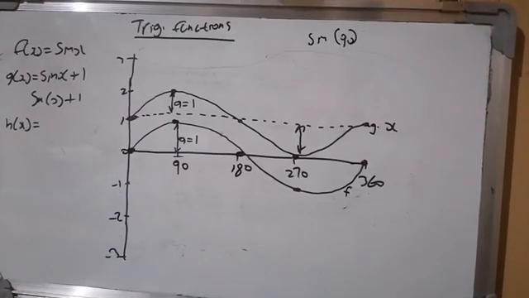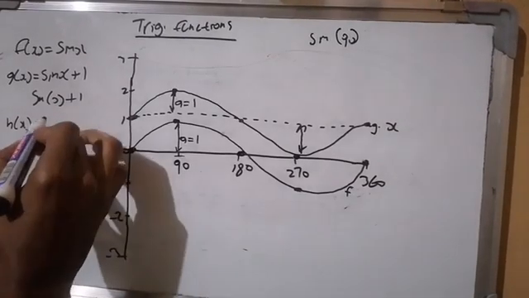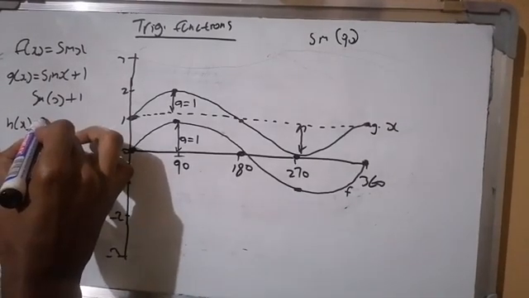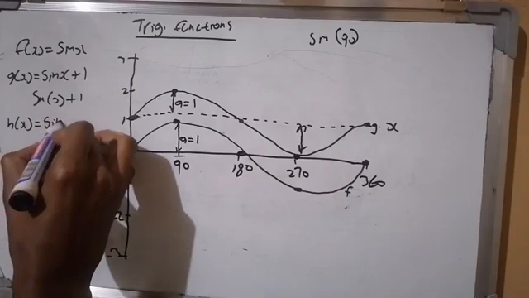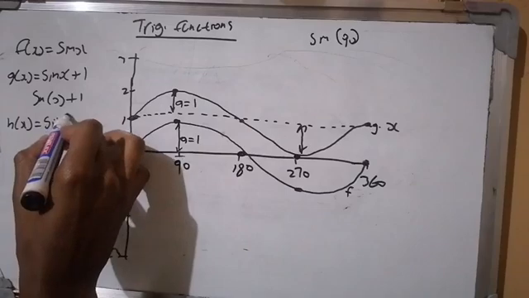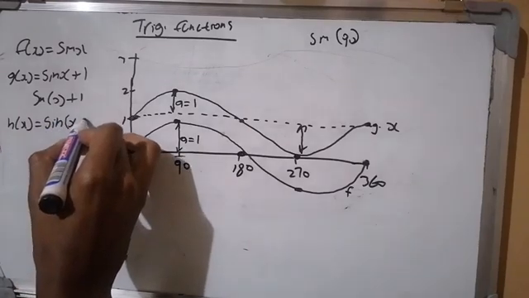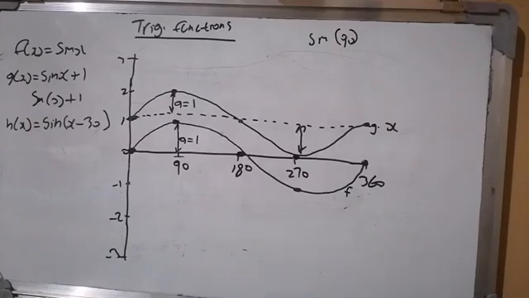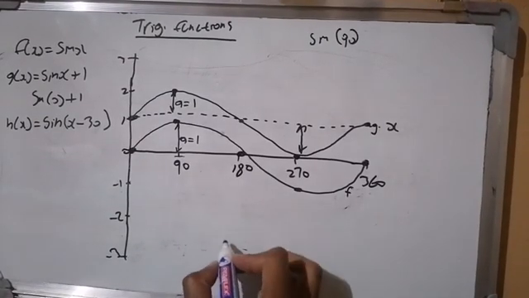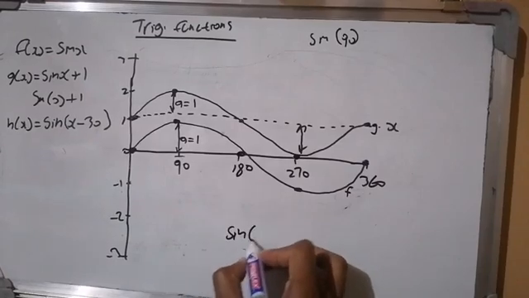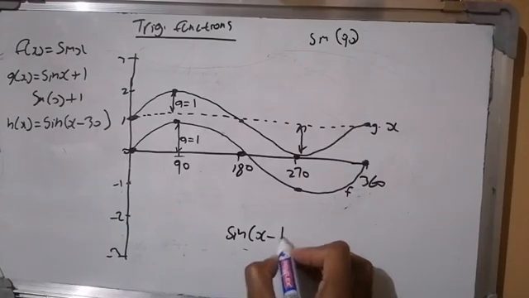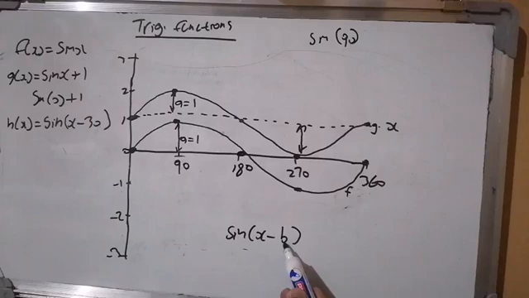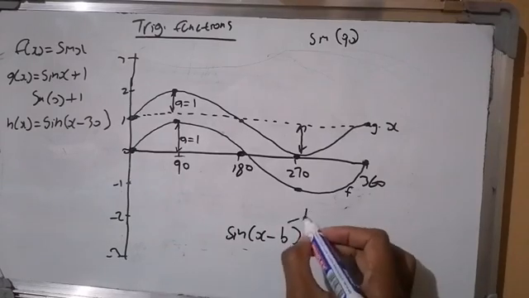Well, in that case, let's go for the H graph. With the H graph, we understand that this will be something like sine of x minus 30. We need to understand that next time when we say sine of x minus b, b tells us about the horizontal shift.